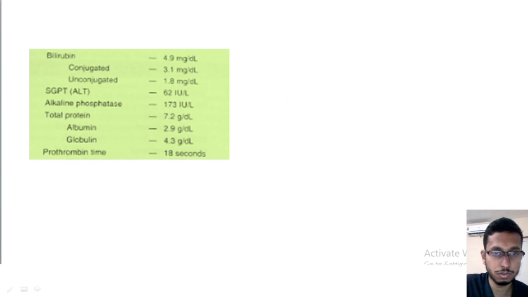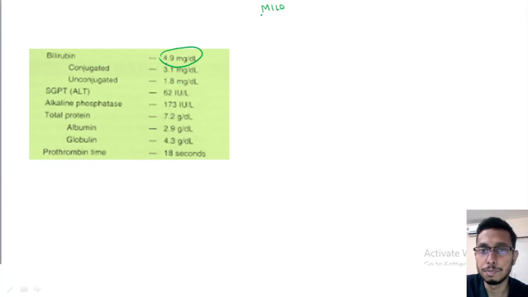So, what does this chart signify? Again, we are seeing that bilirubin is raised, but this is mild, mild hyperbilirubinemia as it is less than 6. Conjugated is more than unconjugated, so again mild conjugated hyperbilirubinemia.